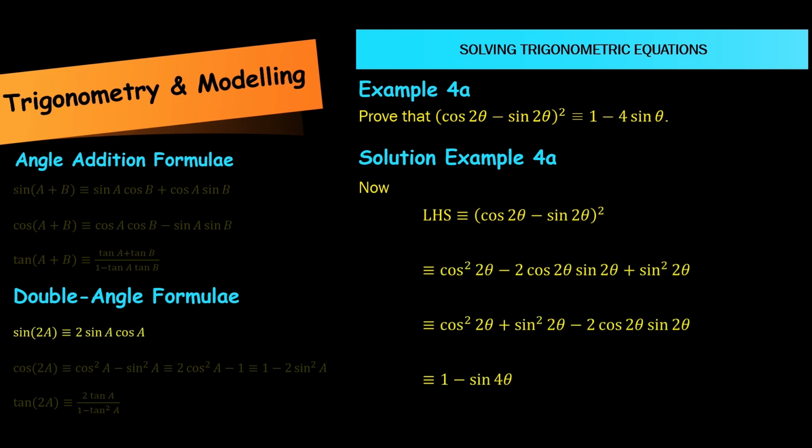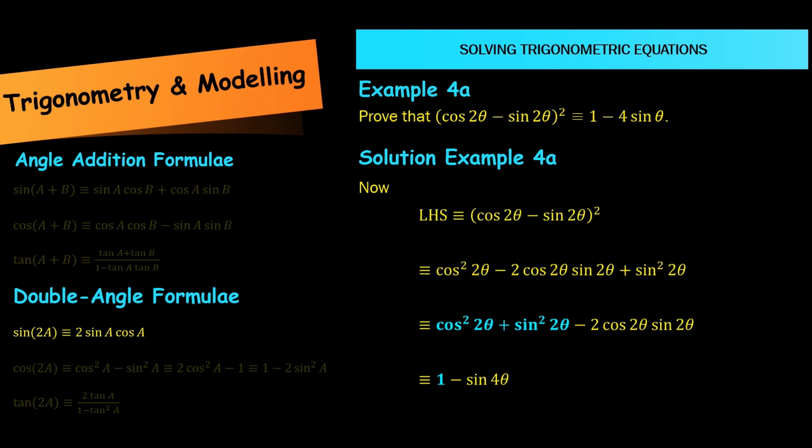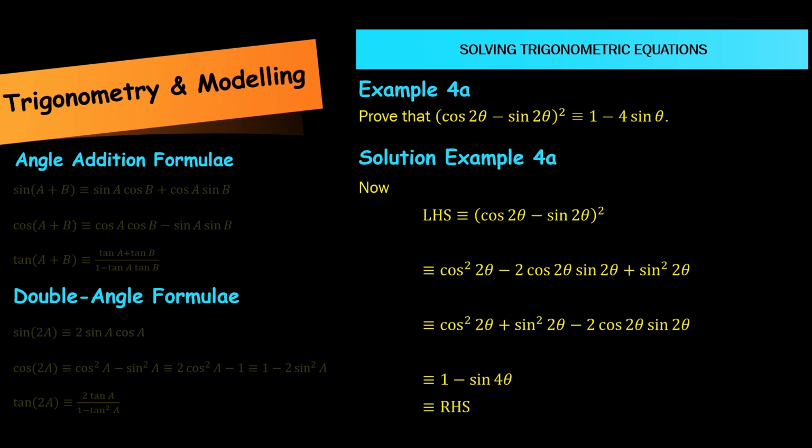Cos squared plus sine squared is equal to 1, and if we plug in a equal to 2 theta into the formula for sine 2a, we obtain sine 4 theta is equal to 2 cos 2 theta sine 2 theta as shown. And this is equal to the right-hand side of the identity. And therefore we've proved part A.